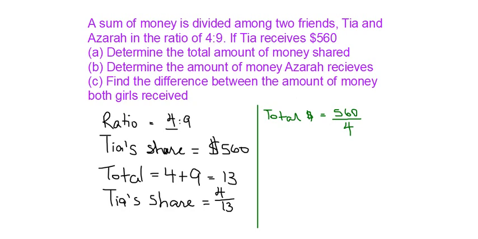So this 560 divided by 4 will tell you how many times you all would have passed a round of sharing. And then multiplying by 13 is going to give us the whole, right? So that's going to give us the total amount of money. So that's why we have to do division by 4 to get 1/13th, and then multiply by 13 to get the whole. Alright?